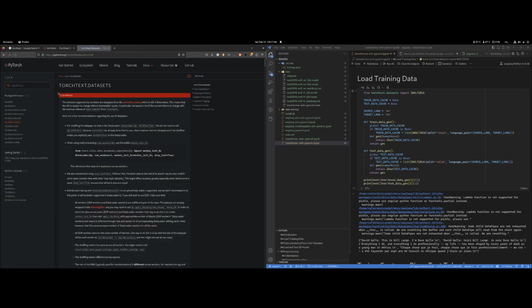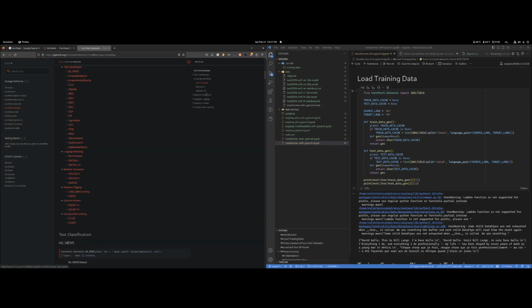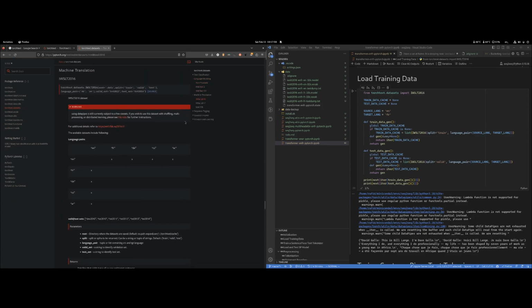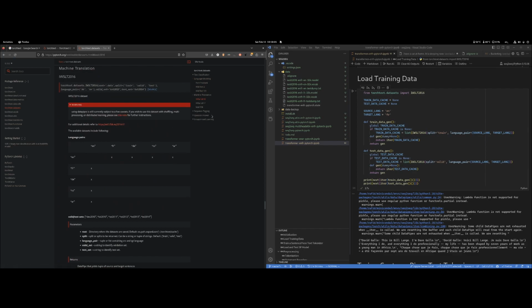Yeah, so PyTorch has this subpackage called torchtext, and it has multiple data sets you can play with. In this particular demo, we're going to work with the machine translation one, and we're going to use the IWSLT 2016 translation. This is a data set that is well known in the NLP community.